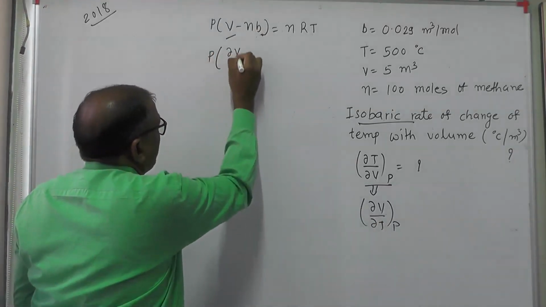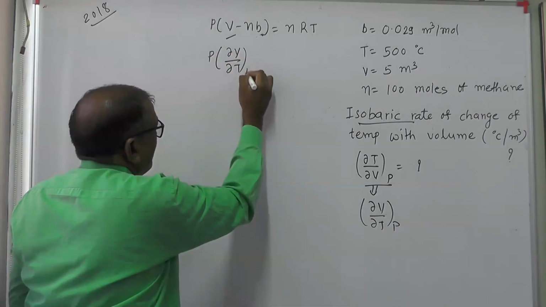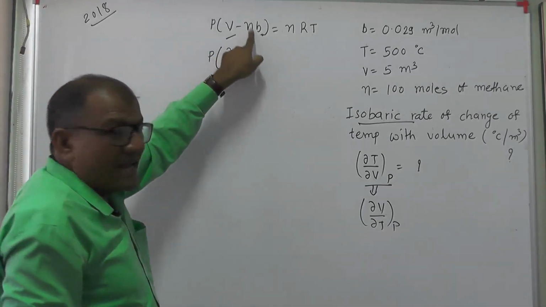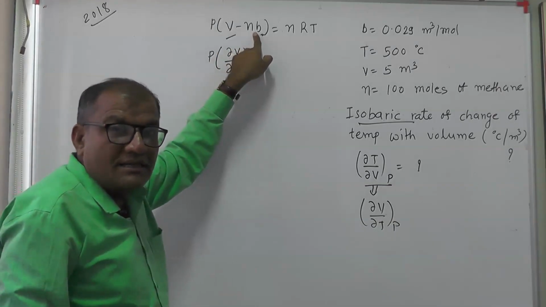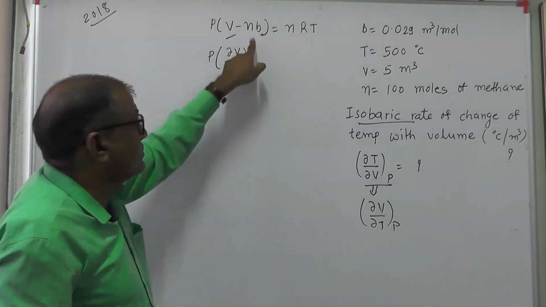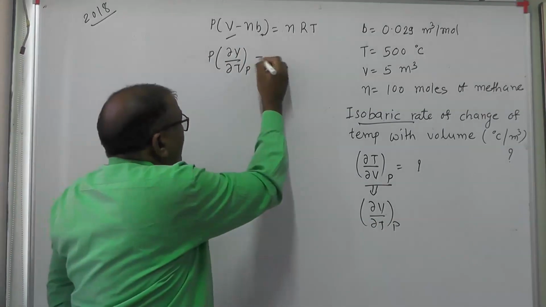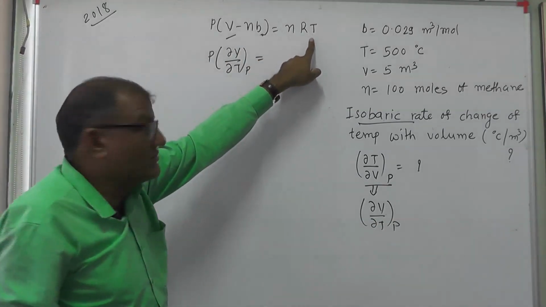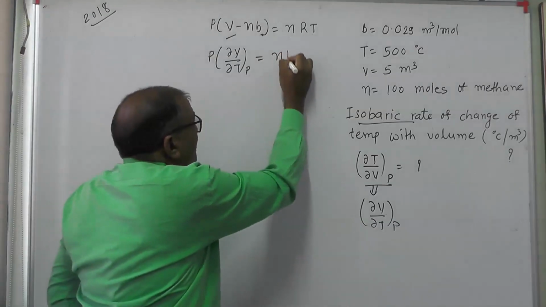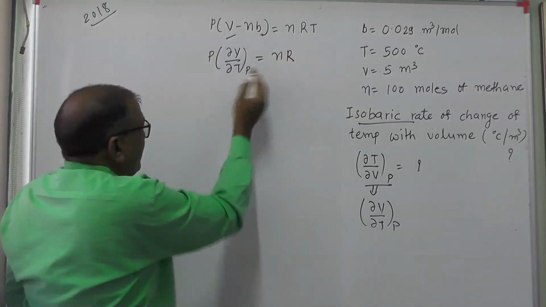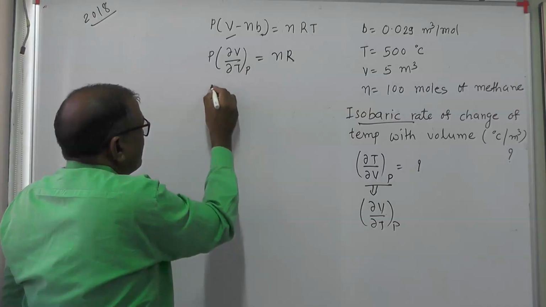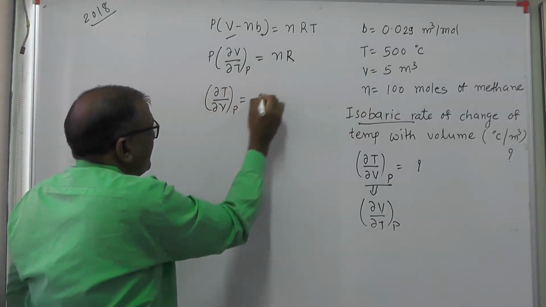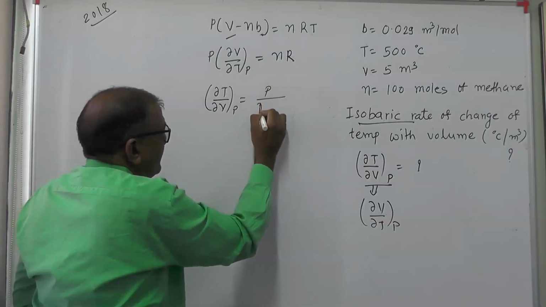So here it would be del V over del T at constant pressure, but in this case N and B both are independent of temperature, so that would be 0. Here the derivative of temperature with respect to temperature is 1, and it would be Nr. If I take the reciprocal of this one, then it would be del T over del V at constant P equal to P upon Nr.